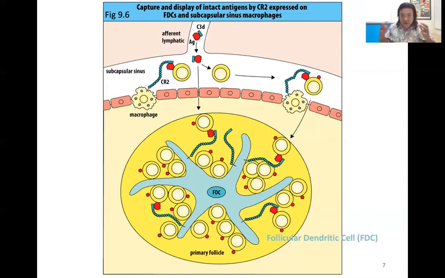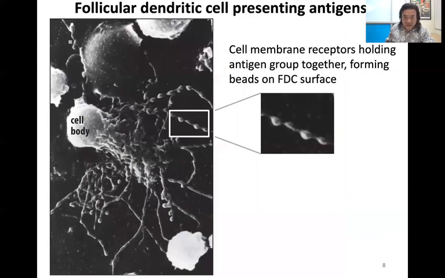And now these B cells, oh boy, right now they're being told things like, okay, you should go ahead and start multiplying, and hopefully they will then later on get a chance to get instructions from something like a T cell. So let's look at a follicular dendritic cell here.